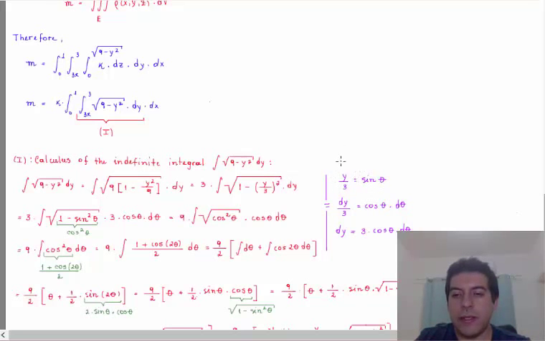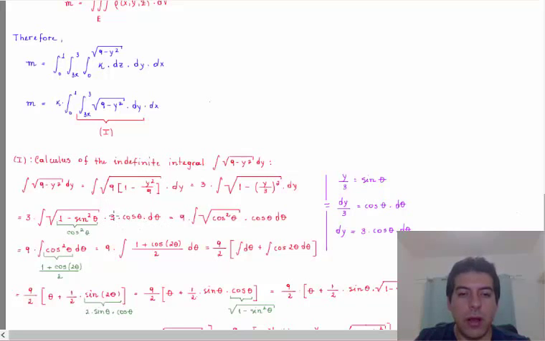If we apply the derivative on both sides of this equation, we have on the left side dy over 3 and on the right side cosine of theta d theta. Therefore, dy will be equal to 3 times cosine of theta d theta. So we will substitute y over 3 as sine, so we have sine squared of theta, and dy will be written as 3 times cosine of theta d theta.